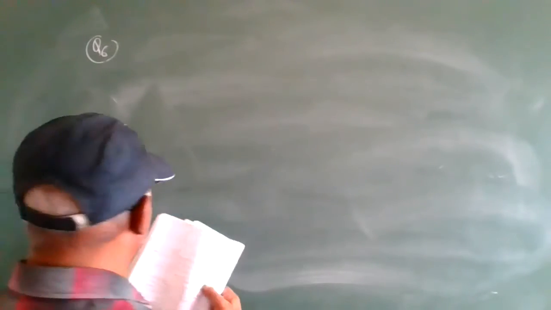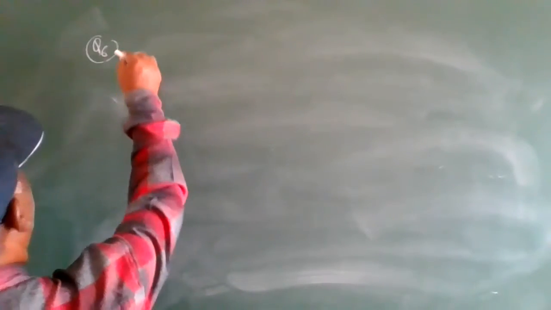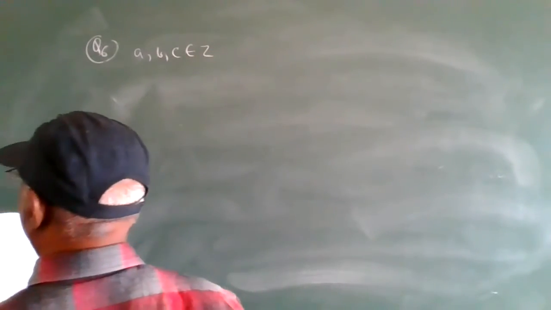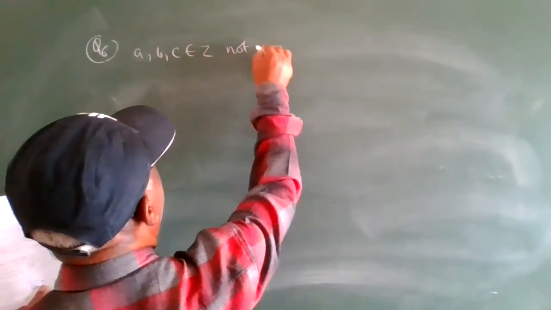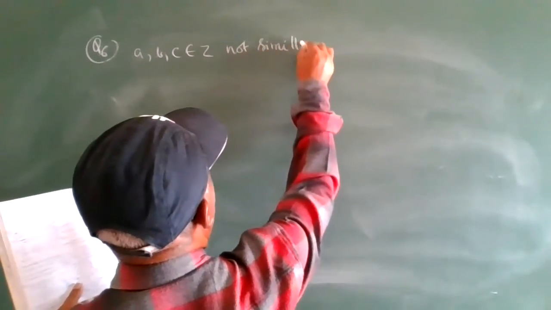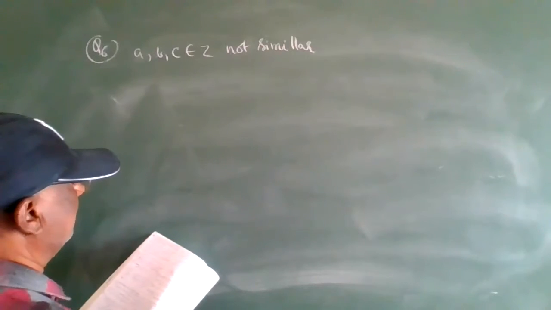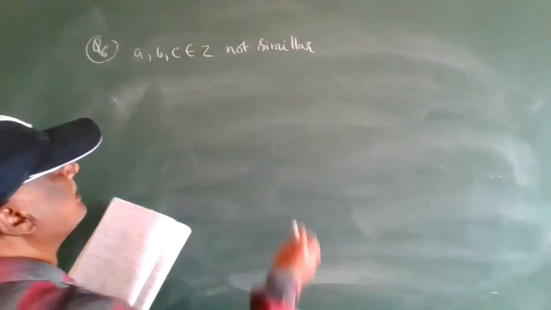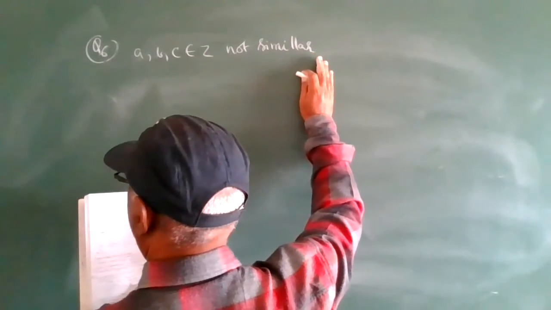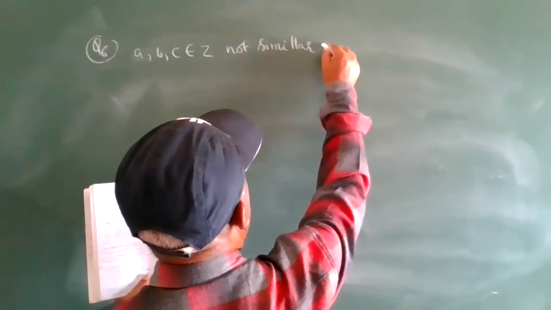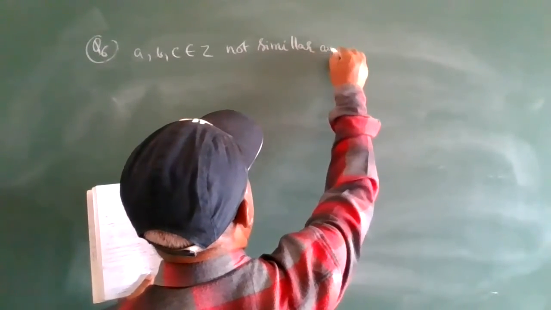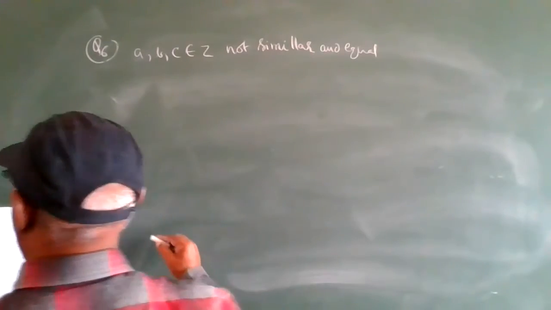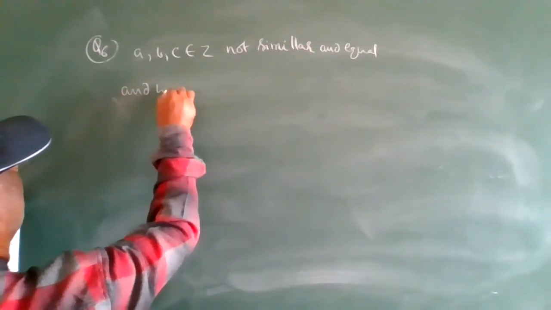Question number 6. A, B, C are integers, not simultaneously equal, and omega is the cube root of unity.